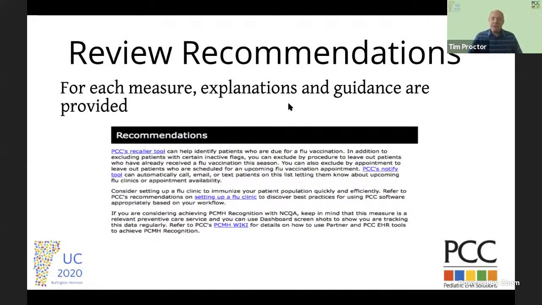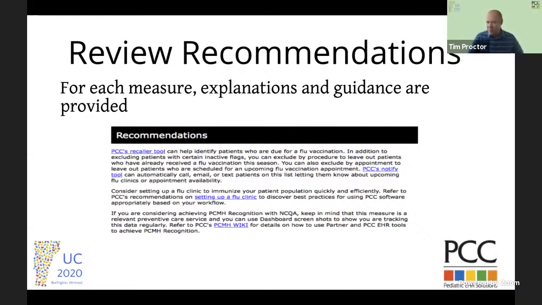We have recommendations in the dashboard for each measure. From the time we started this dashboard, 10, 12 years ago, one of the initial things we wanted to put in was some guidance, some recommendations. We didn't just want to throw data at you. So for every measure, we have information, links to resources and documentation, and suggestions on what you can do to improve your results.